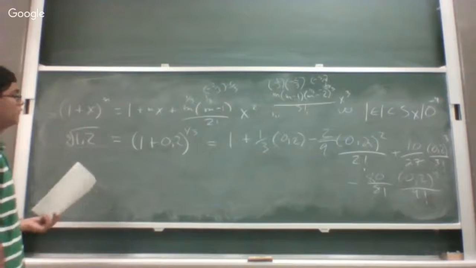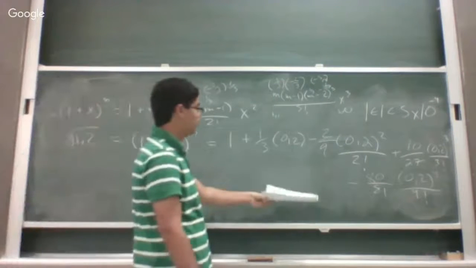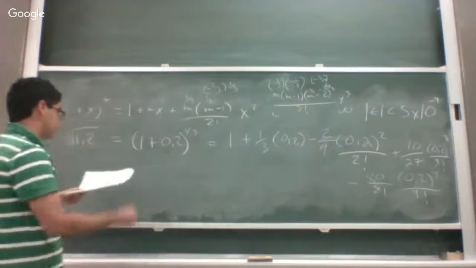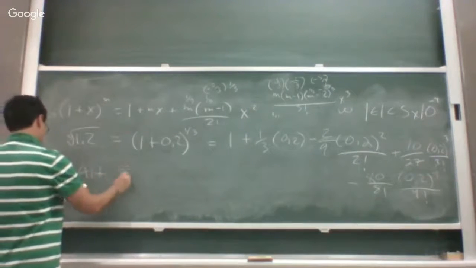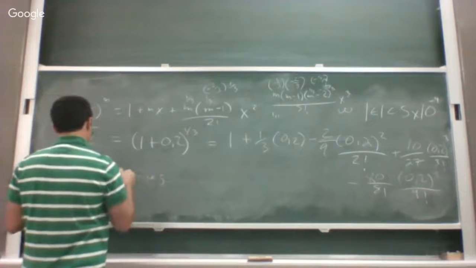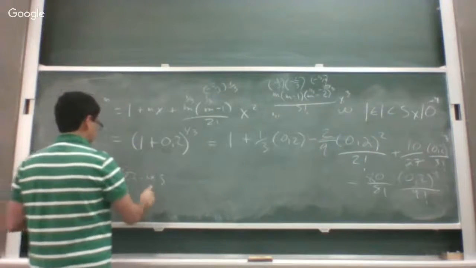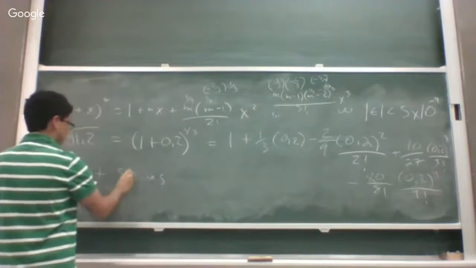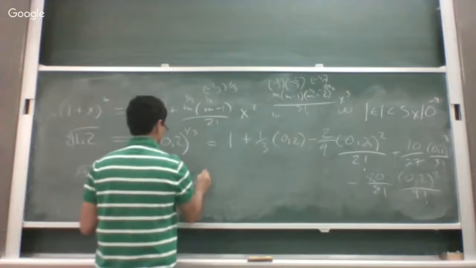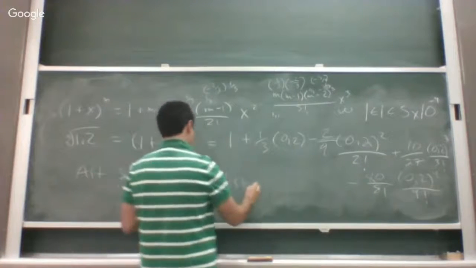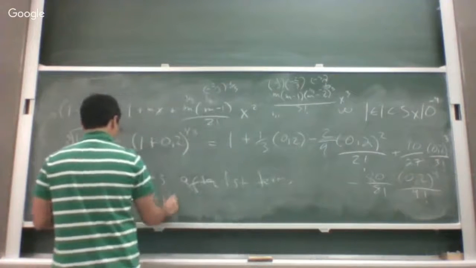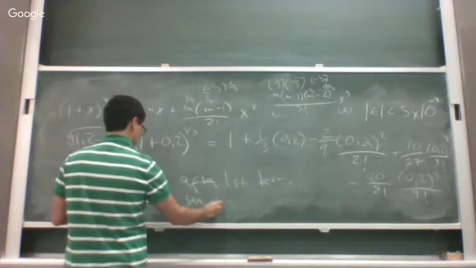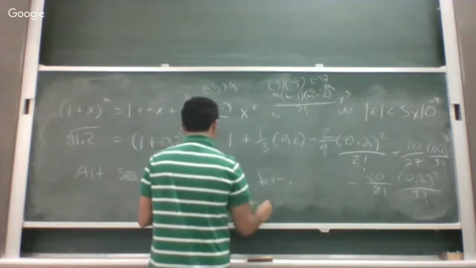So we know, since this is alternating, we can use the alternating series estimation theorem, where the error is less than the first term after the ones we use.